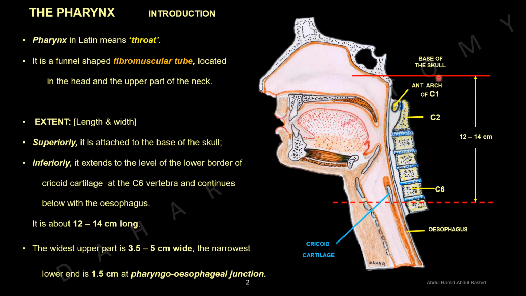The pharynx therefore extends from the base of the skull to the level of the sixth cervical vertebra, and the average length is about 12 to 14 centimeters. The widest upper part is about 3.5 to 5 centimeters, and the lowest part, which is the narrowest part, at the junction between the pharynx and esophagus, is about 1.5 centimeters.